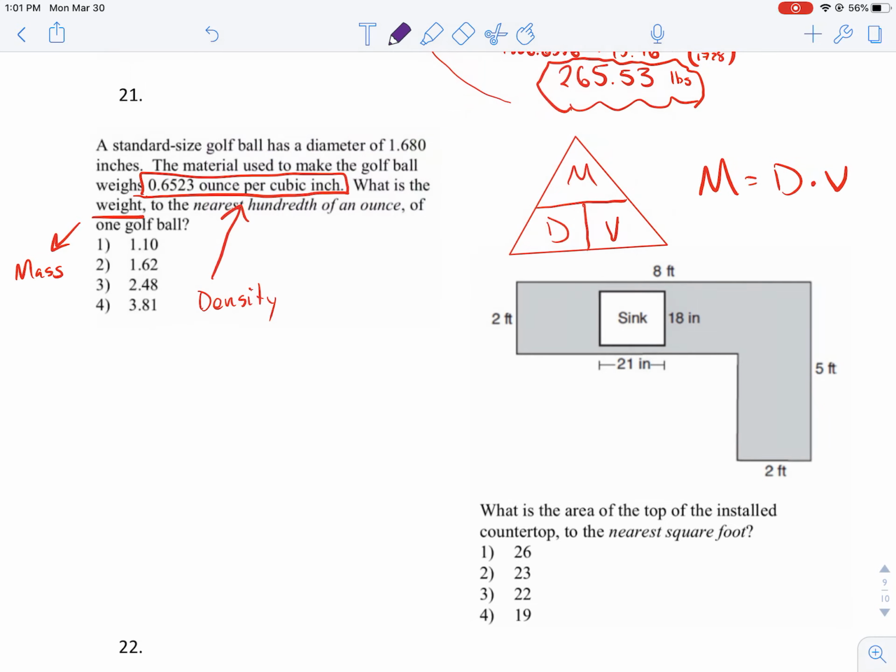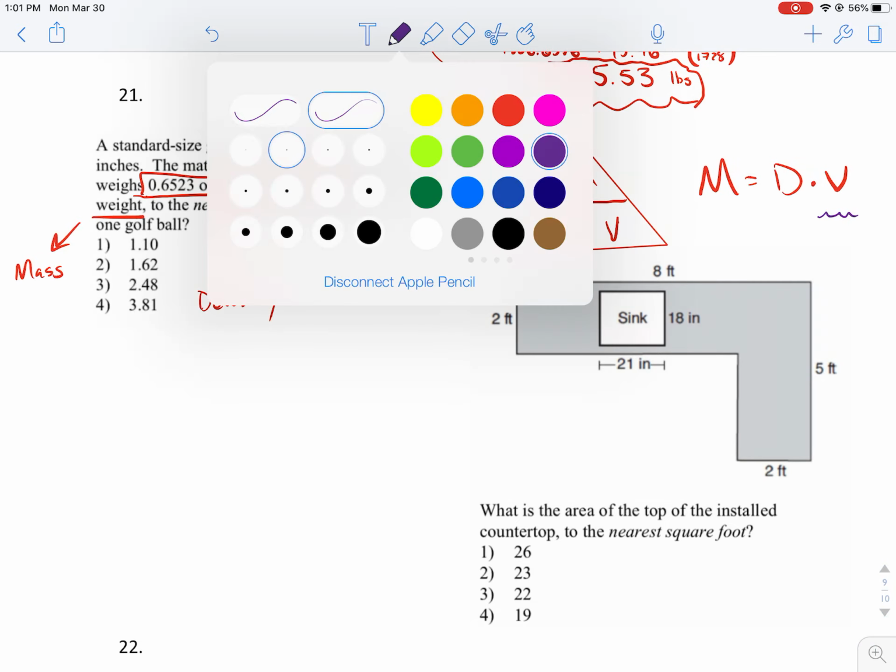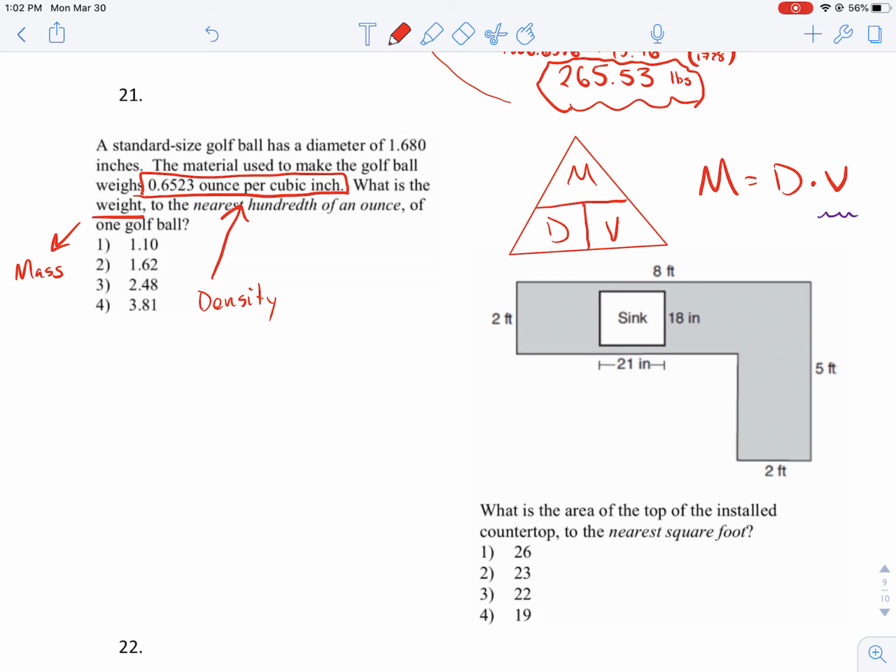I can smell it. All right, so in order to find the mass, we have our density, but we need to find our volume. So in order to find the volume, we're going to have to use this piece of information here.